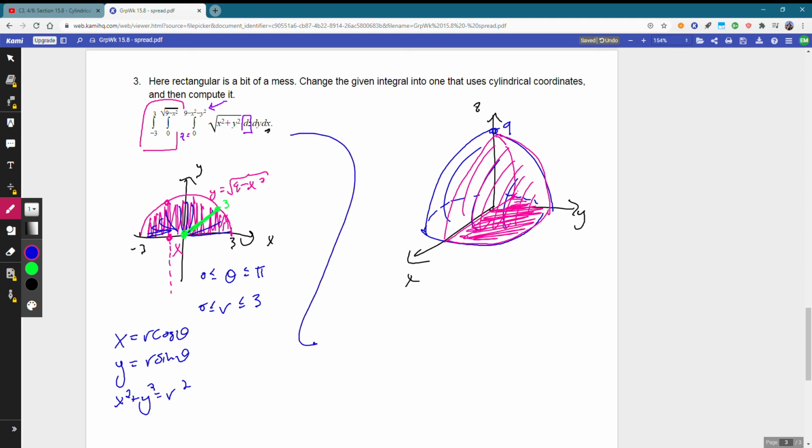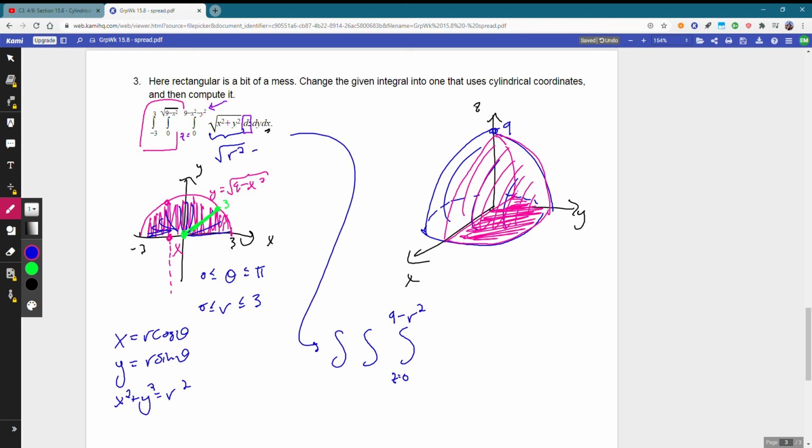So our integral, moving z from 0 up to, do the same trick as before, 9 minus r squared. And then in our function here, we're also going to get a similar thing going on.